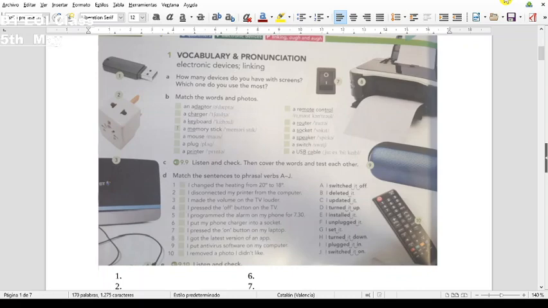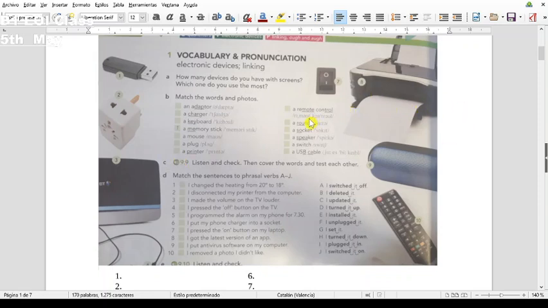2. An adapter. 4. A charger. 5. A keyboard. 1. A memory stick. 13. A mouse. 6. A plug. 8.